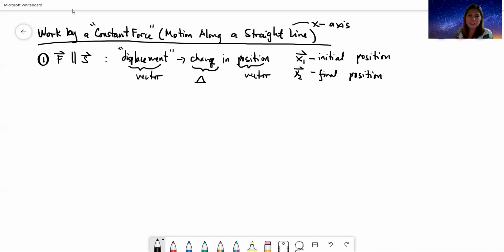So, we say here that the change in the position vector is just the final minus the initial. And then for our particular discussion of work, we will use this generic symbol for displacement when it comes to work, no? Para may distinction lang. So tatawagin natin tong change in position as S.